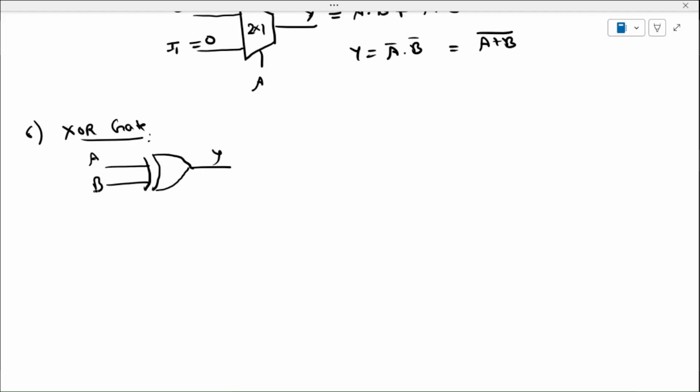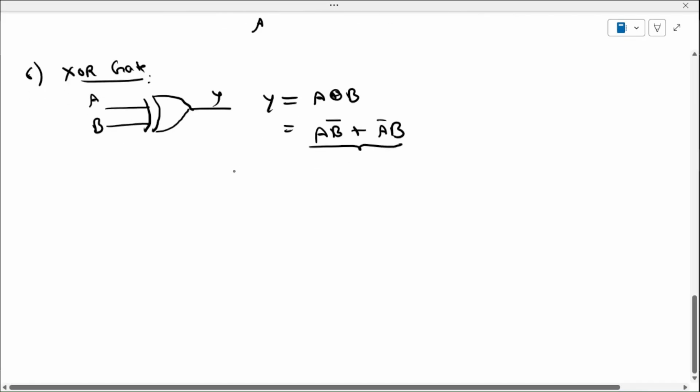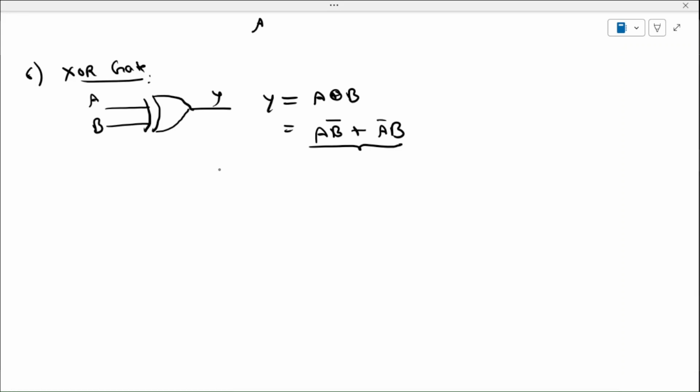Y, A, B. Equation of XOR gate is Y, A XOR B can be written as A bar B plus A B bar. This equation we have to realize by using 2 cross 1 multiplexer. So let's take a variable which acts as a select line.